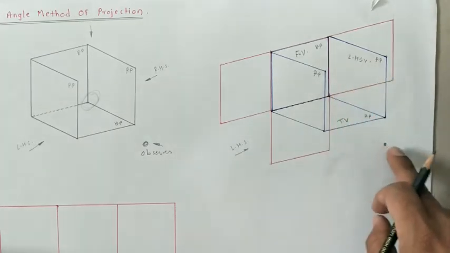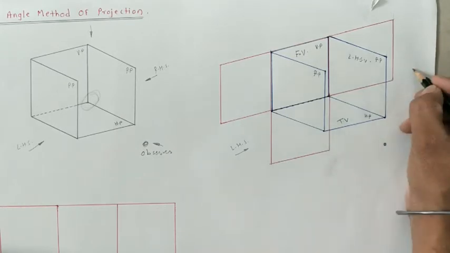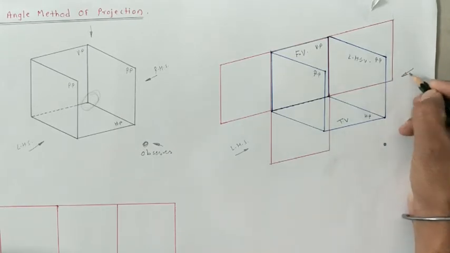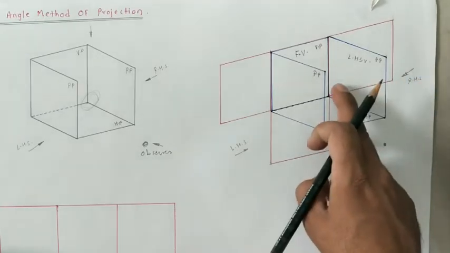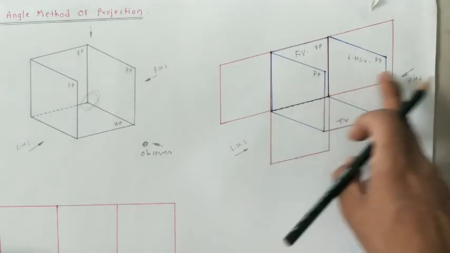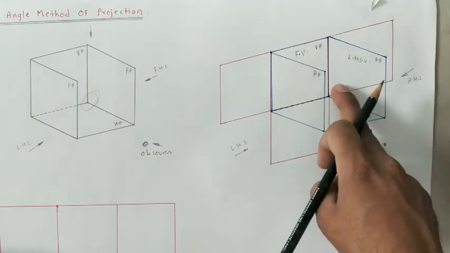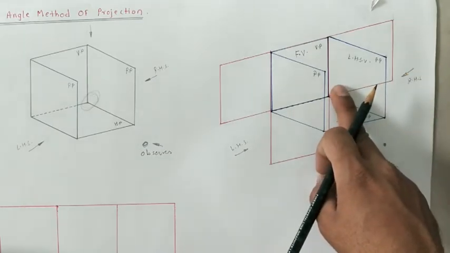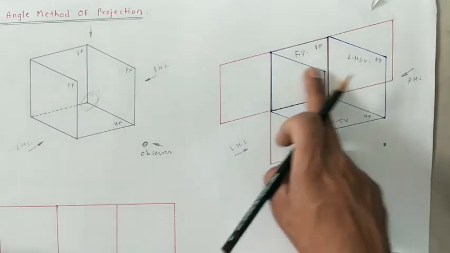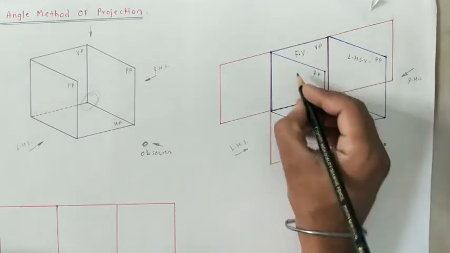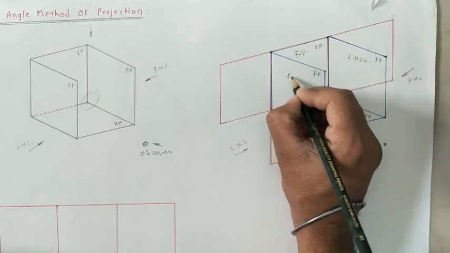Similarly, when the observer shifts to this side, which is the right hand side, the object is here, you have to imagine this, and the observer is looking in this direction at the object. So he is going to see the right hand side view, and it will come onto the plane which is behind the object, which is this plane. The view appearing on it is the right hand side view.